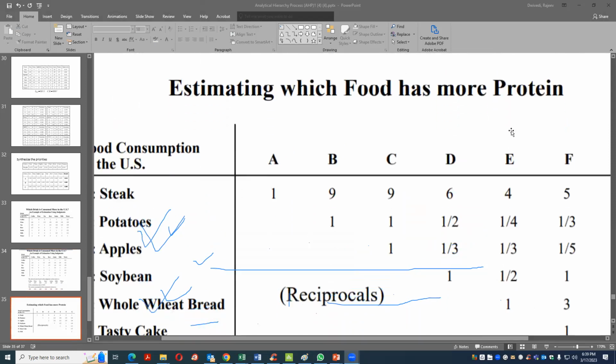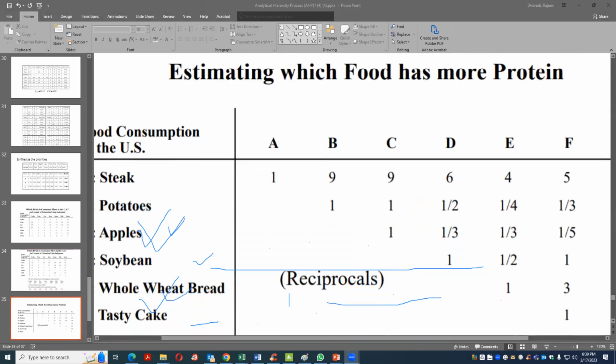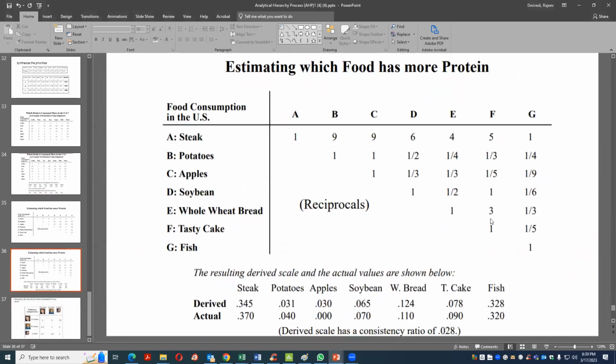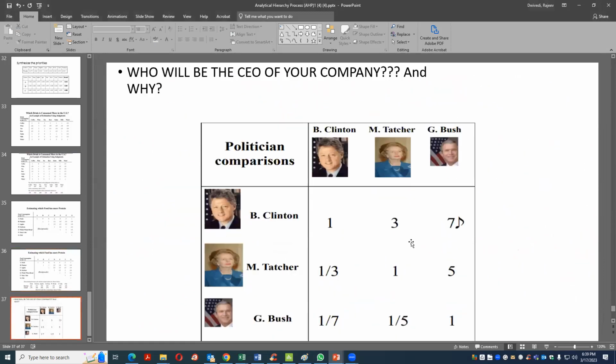So this is the importance. I hope you understand this method. This is an interesting method if you are stuck in different situations. Now, this is just my old example.